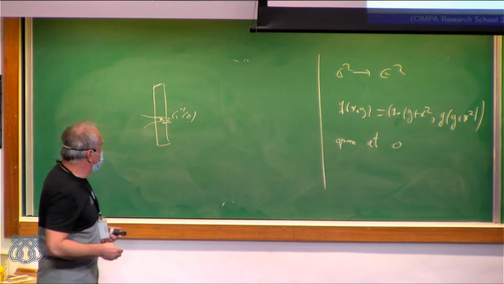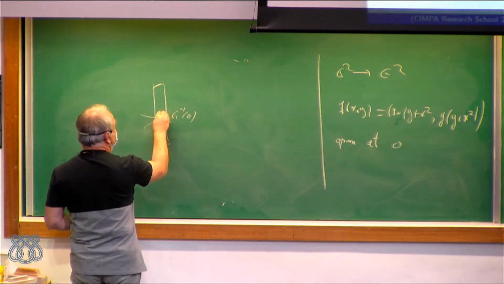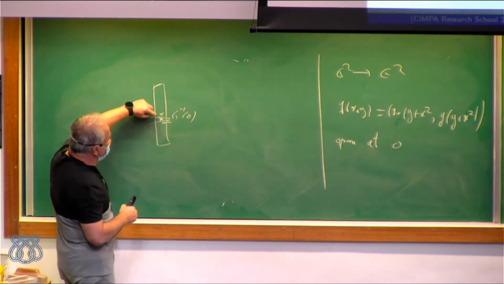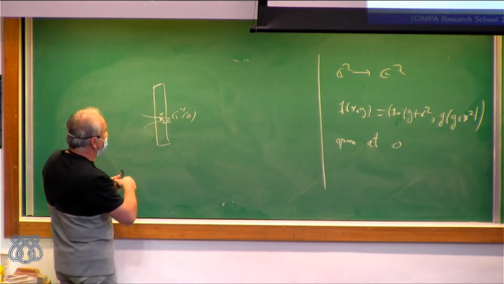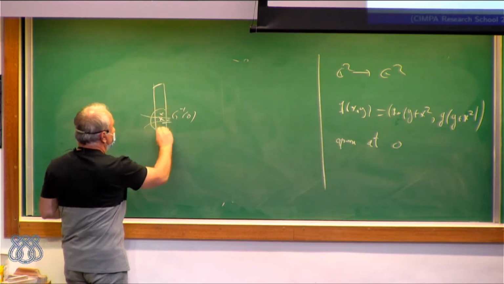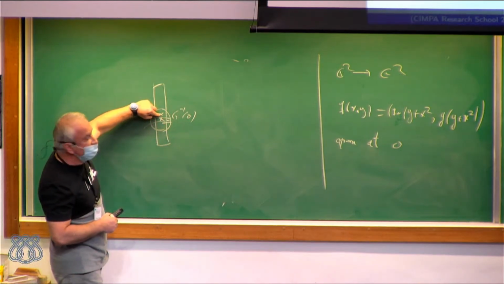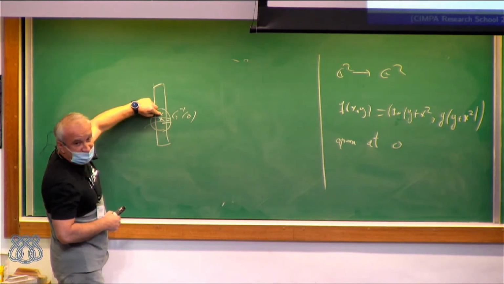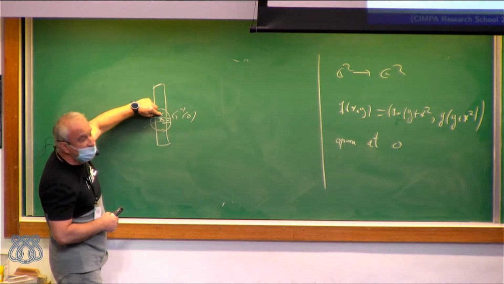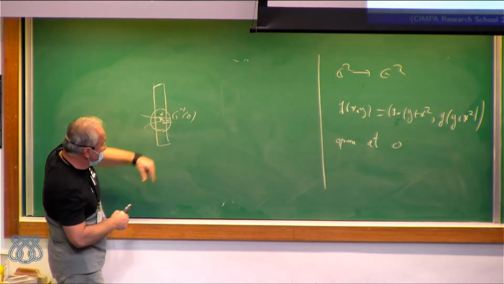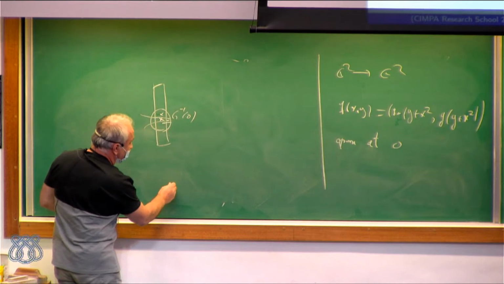But then what you can do, you can take points nearby, and no matter how close, if you take a small ball around this point, you're always going to find points which are in the fiber, but not in the singular locus. Over here, the map is a submersion, and the image of something open here is going to be something open around this point.